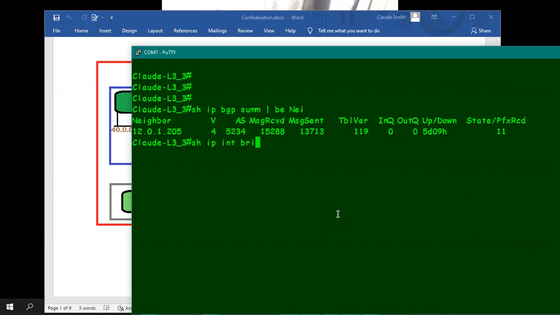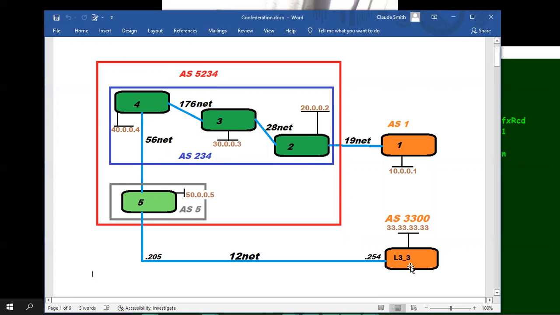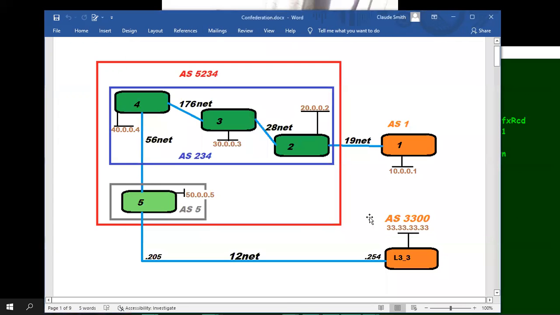And we can confirm that. Show IP interface brief, pipe include 1.254. And you'll see that's our interface there. Okay. And the other thing I wanted to point out, now the external autonomous systems do not know the inner workings of a confederation. It doesn't really care.